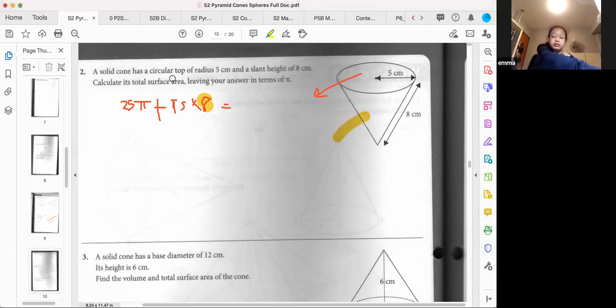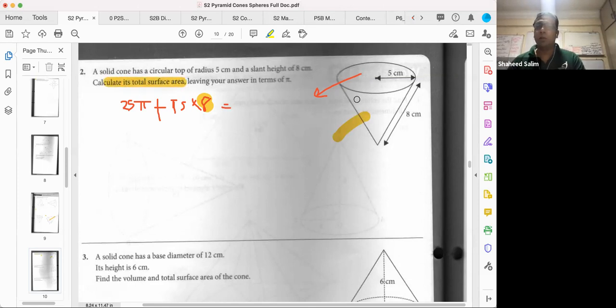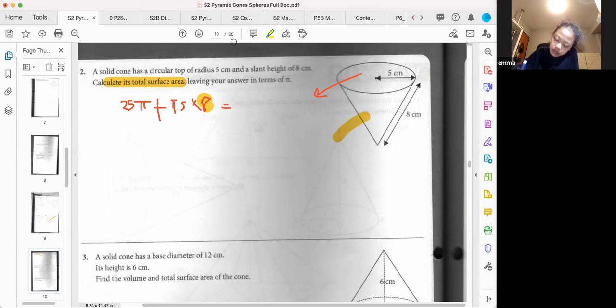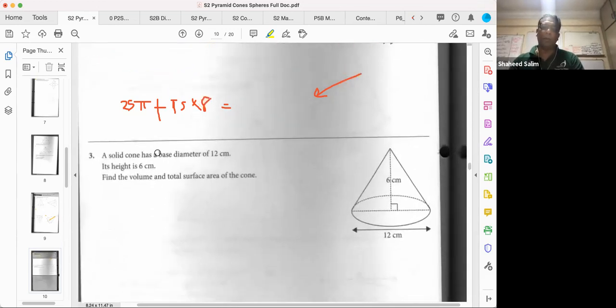So you have to add them up because you want total surface area, which is the circle plus the curve side. 65 pi. Okay, well done.